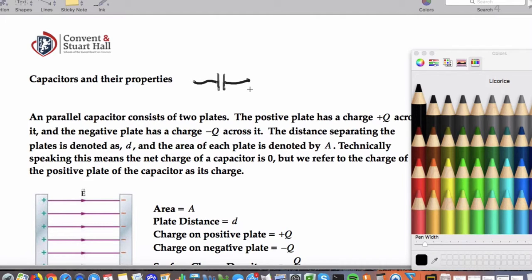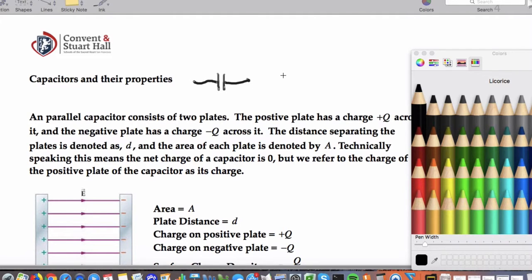So just to be clear, we're introducing just capacitors and their properties right now to zero in on one of the circuit elements we've studied. We're going to learn all of the physics of how capacitors work, and that's going to completely give us a knowledge of every bit of electricity that we need to know for the AP exam.